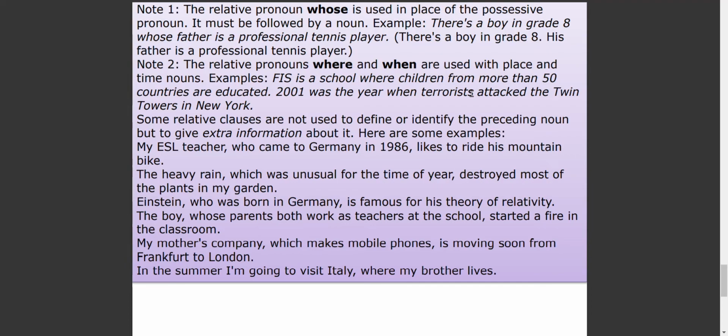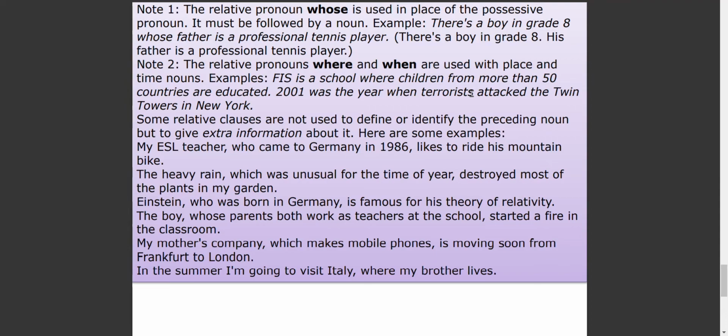Examples: there's a school where children from more than 50 countries are educated. 2001 was the year when terrorists attacked the Twin Towers. Some relative clauses are not used to define or identify the preceding noun, but to give extra information about it. Here are some examples.